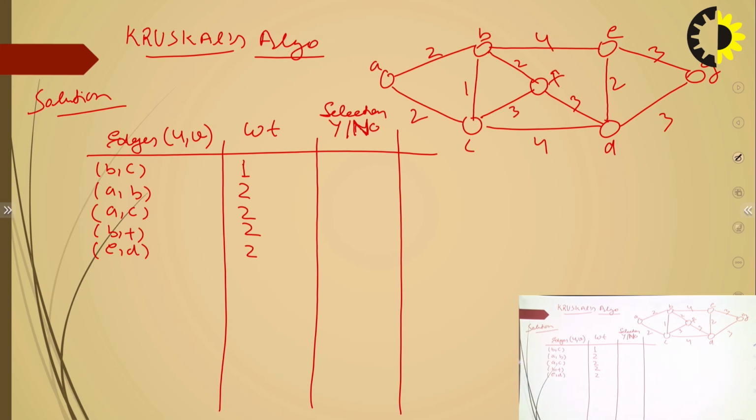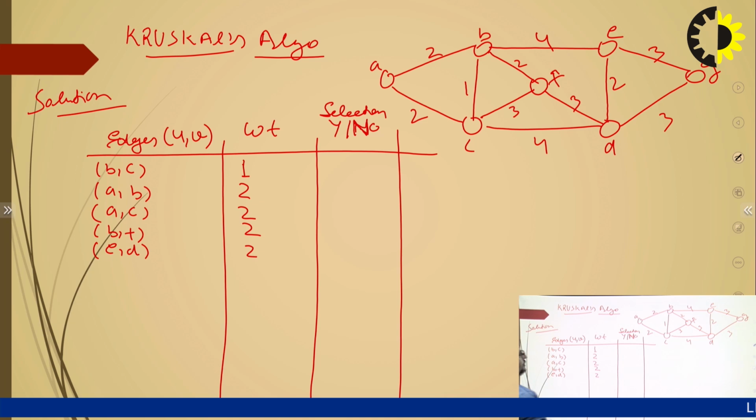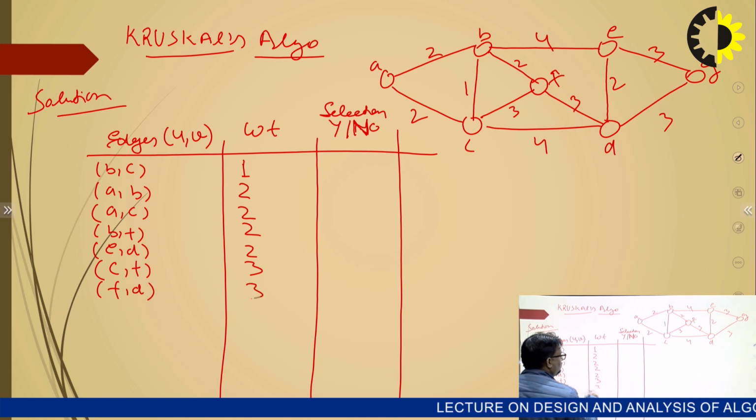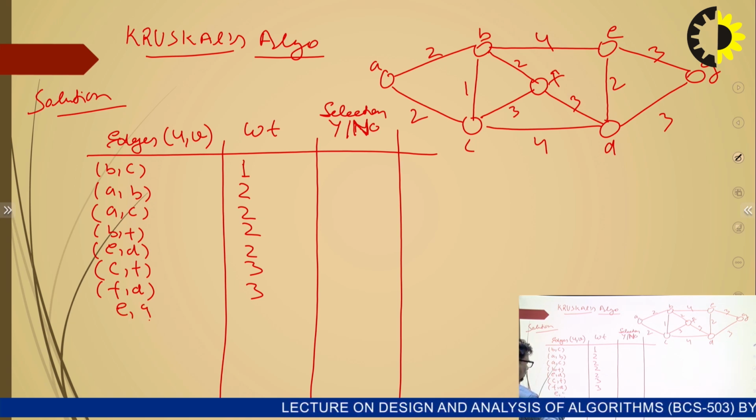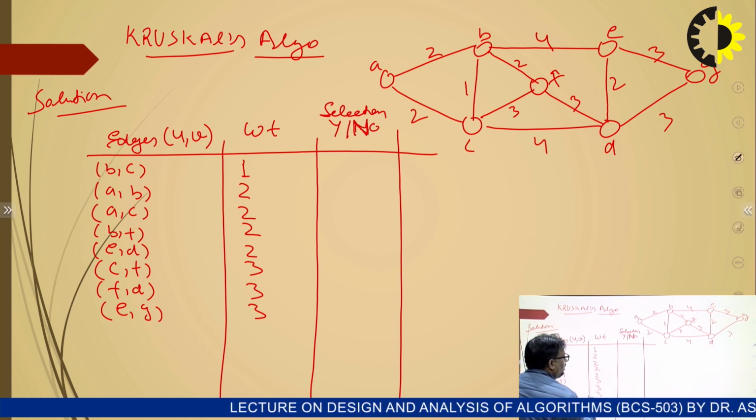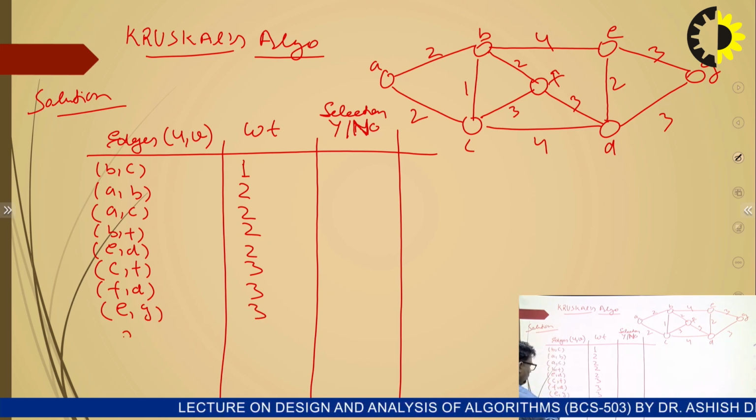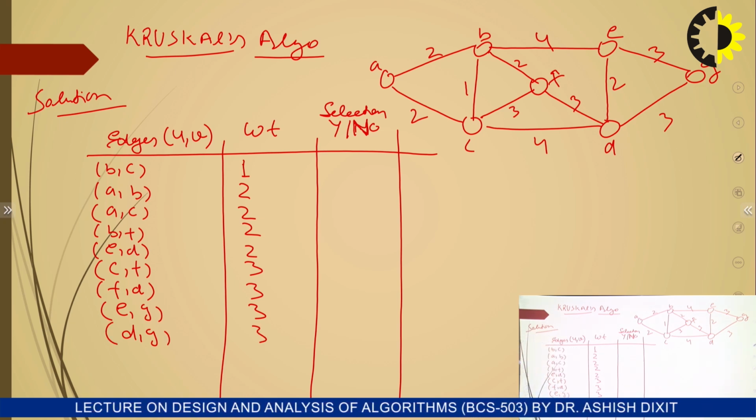Next, weight 3: C comma F 3, F comma D 3, E comma G 3, and D comma G 3.